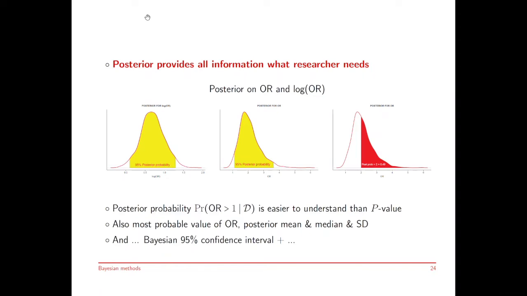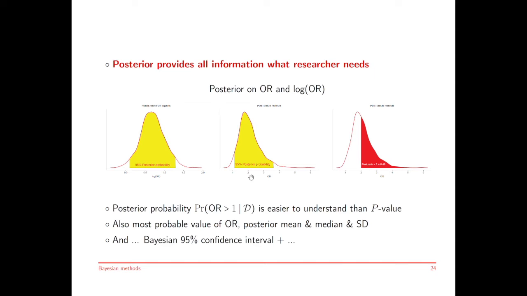Now we can express our posterior, of course, also on the odds ratio. So here you see the posterior again on the log odds ratio, where you can determine the interval that corresponds with 95% posterior probability. Important to mention is that in the Bayesian context, this contains the most plausible values of the log odds ratio, here the most plausible values for the odds ratio, in contrast to what the 95% confidence interval in the classical approach tells us.